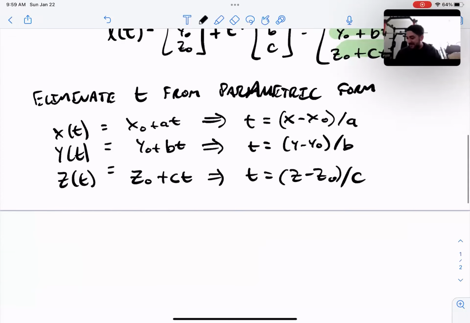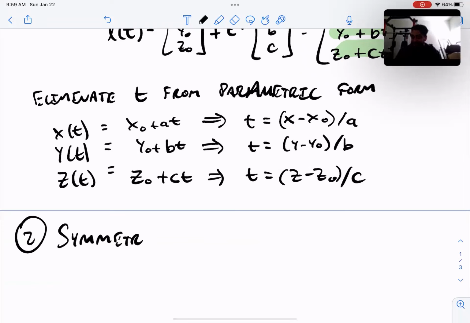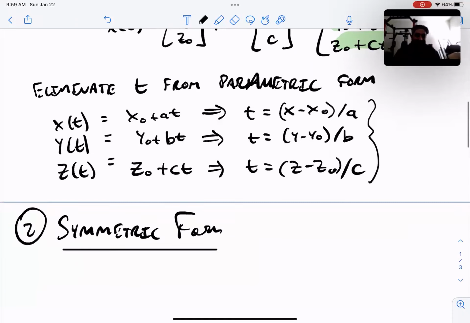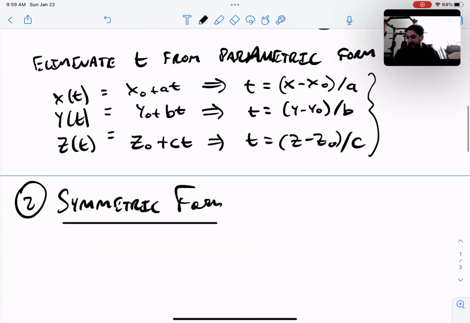This brings us to what's called symmetric form of a line. So symmetric form is you just say those three quantities must all be equal to each other since they're all equal to t, right?